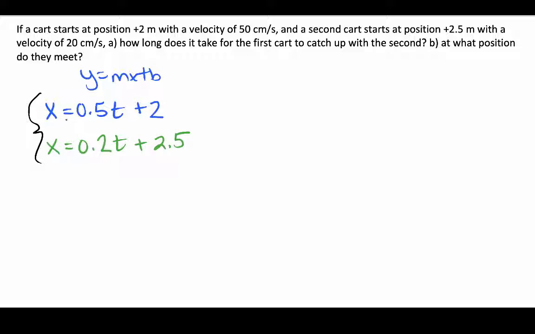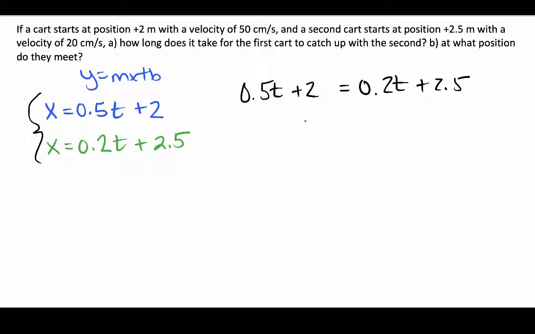Since x is equal to this x, if we want our displacements to be the same, then I can just set these two equations equal to each other: 0.5t plus 2 is equal to 0.2t plus 2.5. And now these two line equations are equal to each other, and now I just have to solve for t.